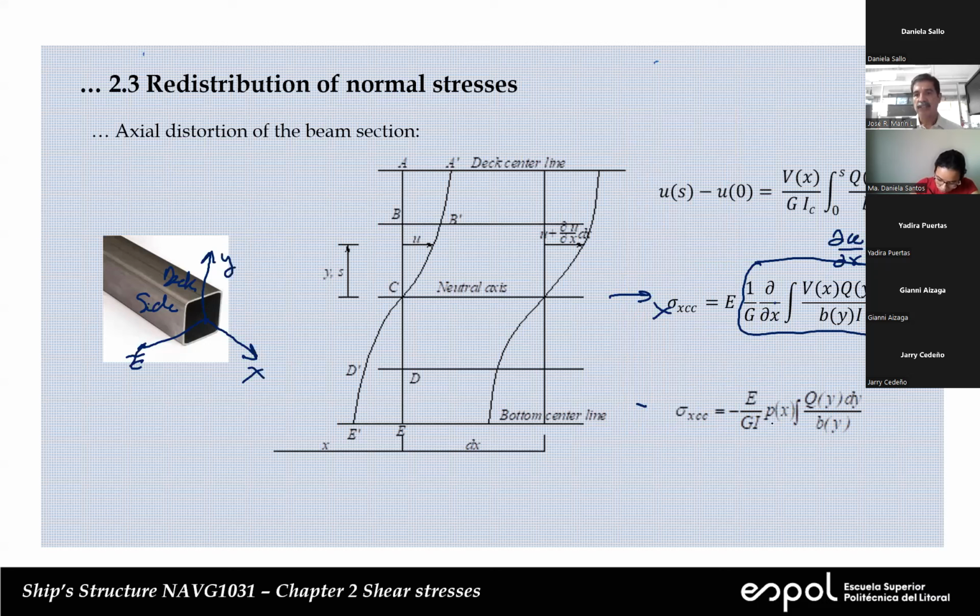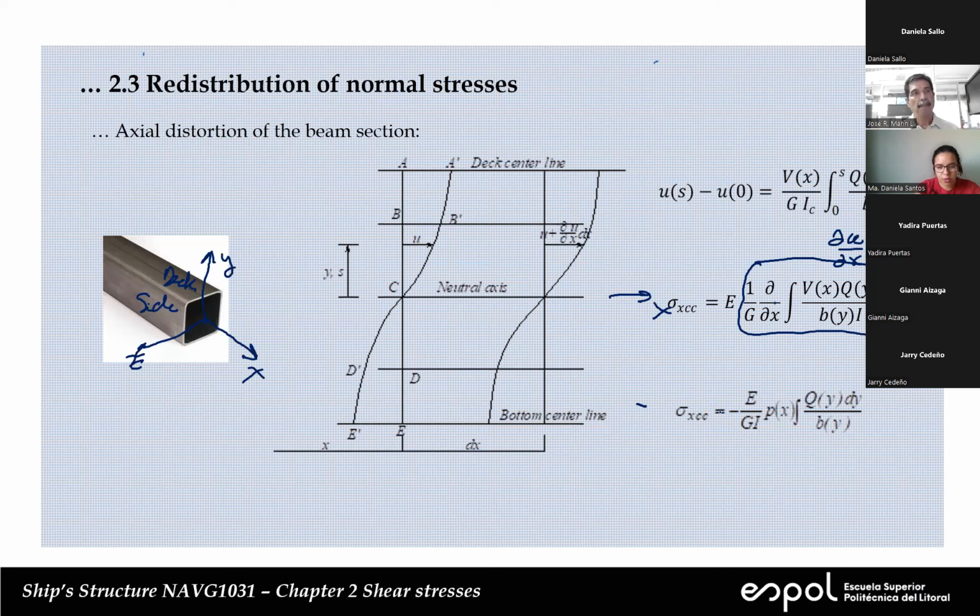With this expression, we can calculate the shear influence, which produces a change in the normal stress distribution that we had. And that's what we were looking for, right? So it's minus E over GI p of x. Questions so far? As I said before, you see that you have a negative here, so we have to be careful with that.